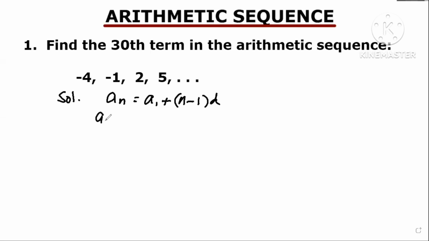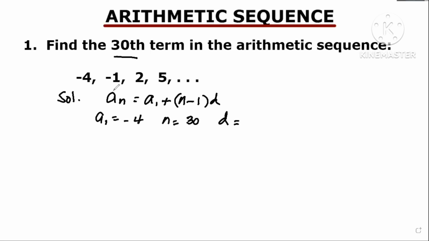Now, a sub 1 is equal to -4 because that is our first term. N is equal to 30 since we are looking for the 30th term. And d is equal to the difference of two succeeding terms.